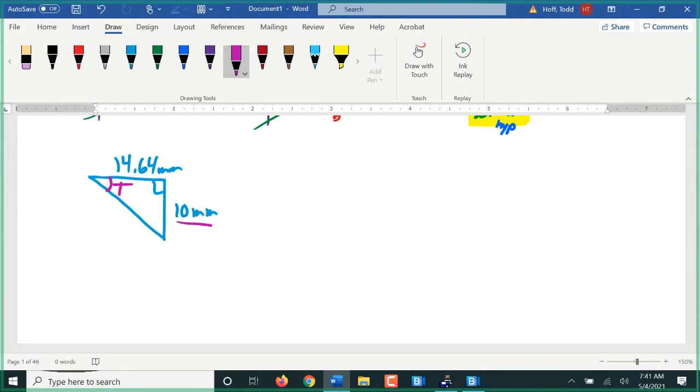And what we have is our opposite side of 10, our adjacent side of 14.64. So we are going to use a tangent again. Since we're looking for the angle, it's going to be an inverse tangent of our opposite side of 10 over our adjacent side of 14.64.